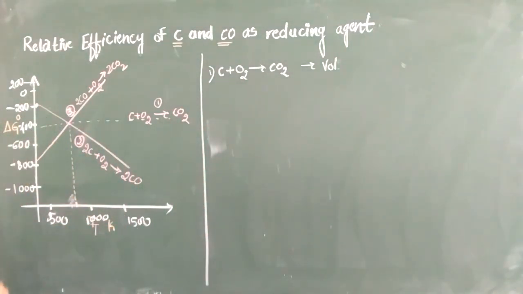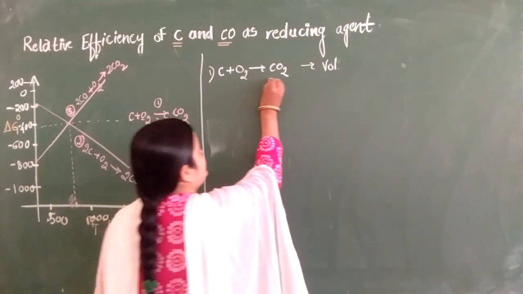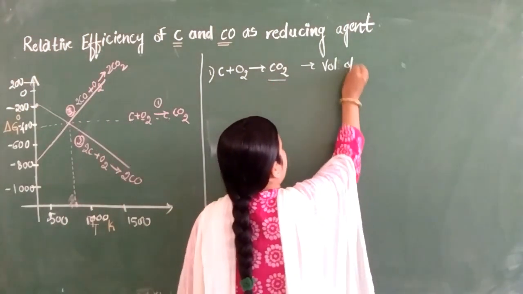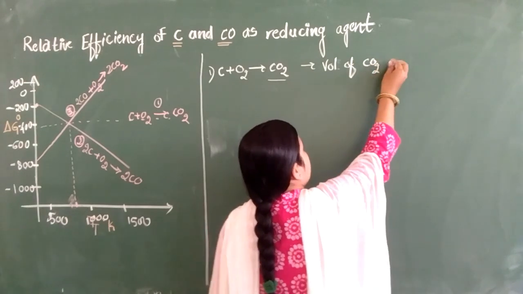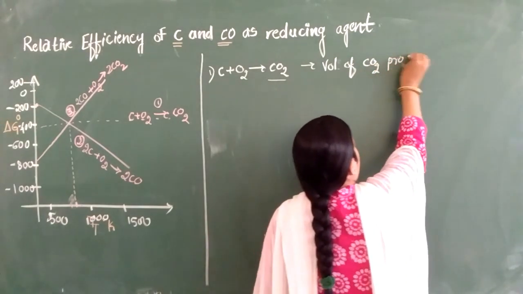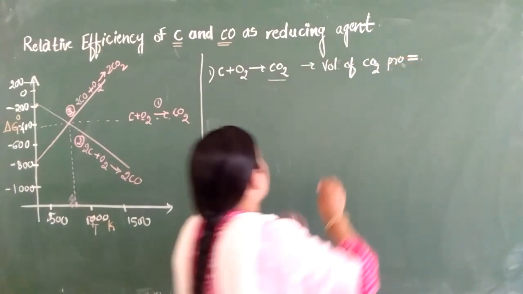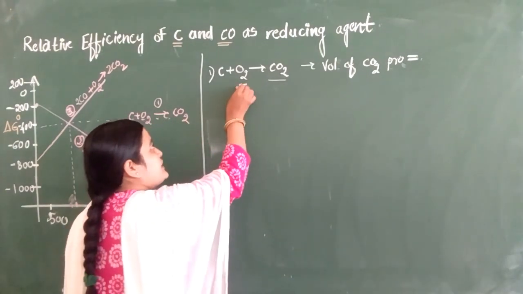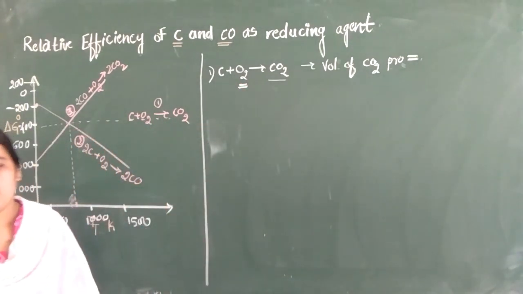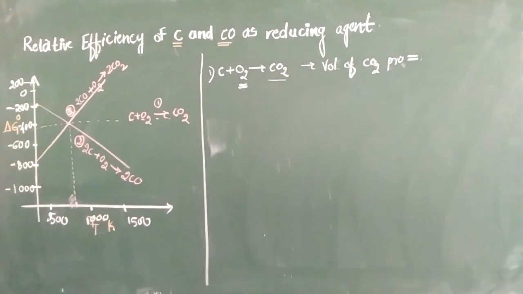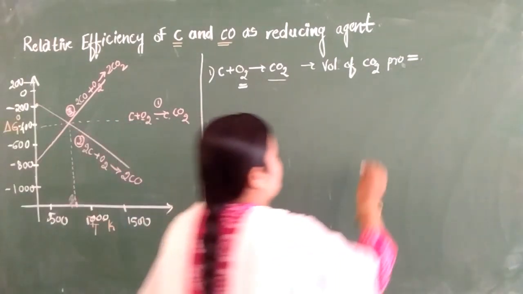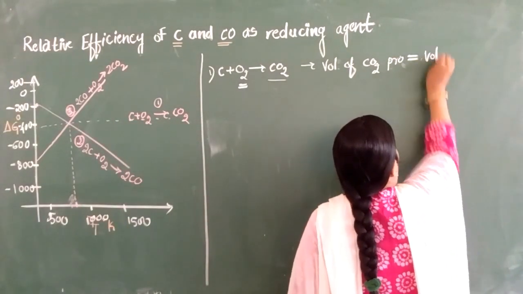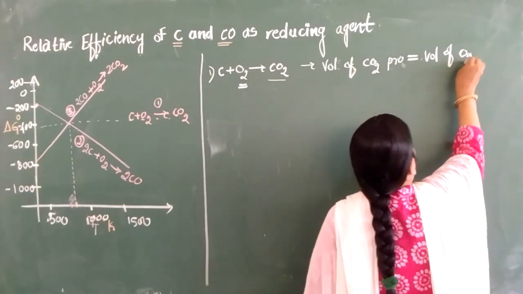Here in the first reaction, carbon and carbon monoxide, what about it? In the first reaction, the volume of CO2 produced is equal to the volume of O2 used.